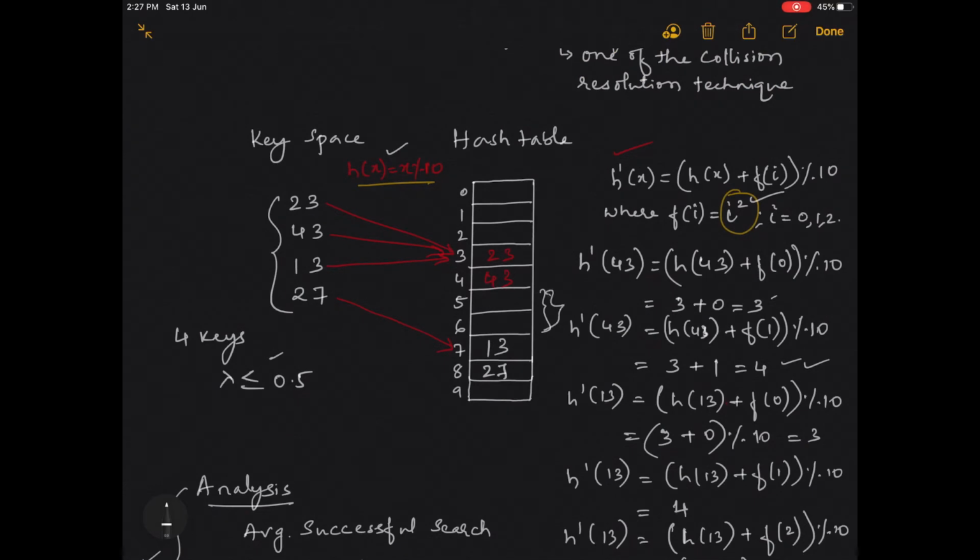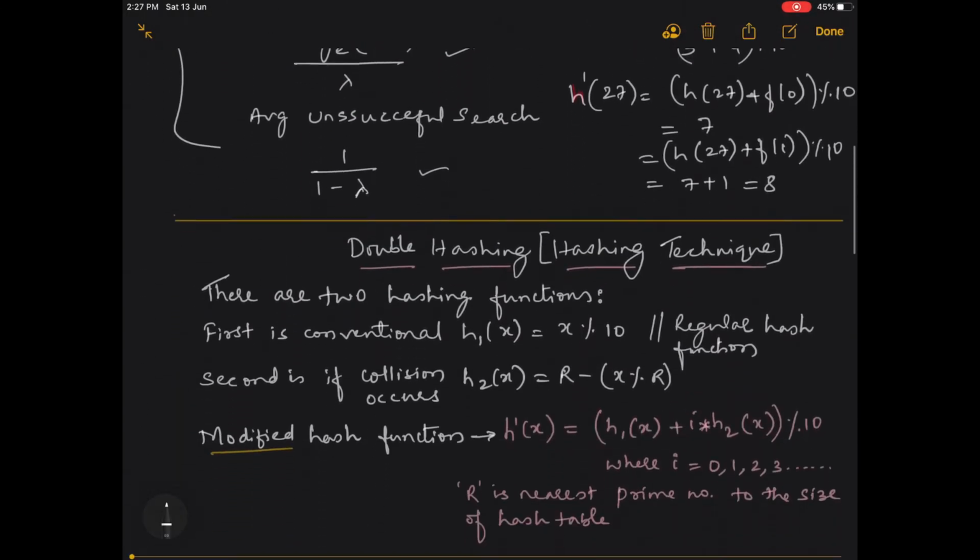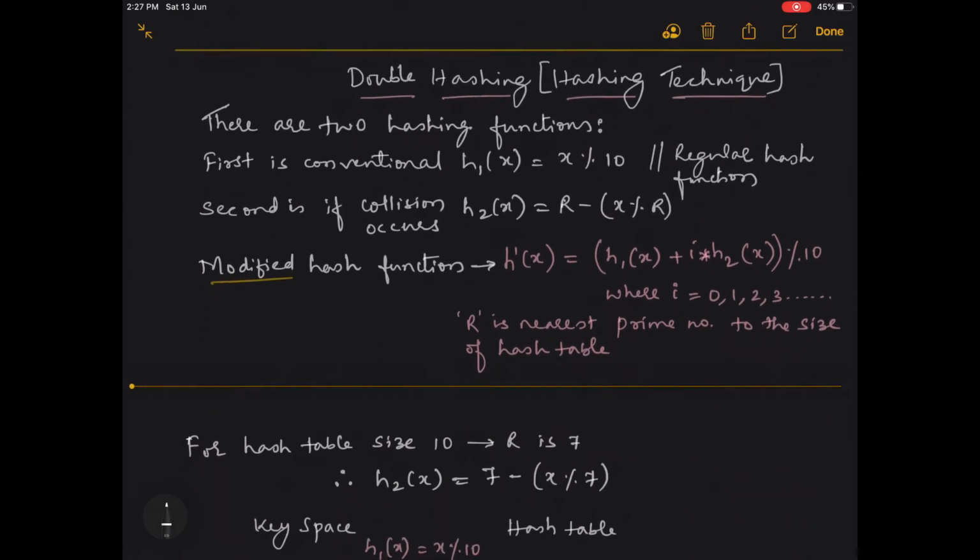Most of the elements were not clustered, and we have one more technique called double hashing. So there are two hashing functions here. First is the conventional, that is x mod 10, the remainder, and the second function is h2 of x, which is r minus x mod r.